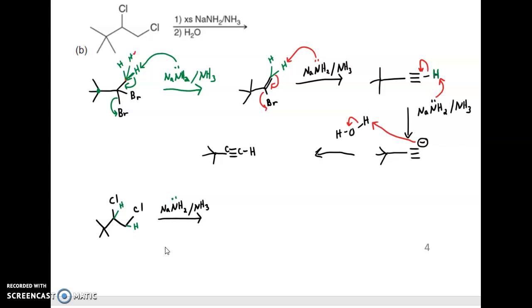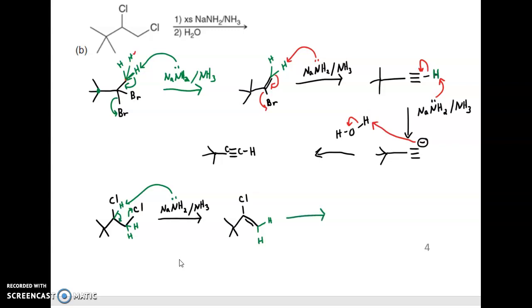Actually, two protons. And so this will first pull off this proton, and the electrons will go to make a double bond. And our chlorine will be a leaving group and will leave. That leaves us with the next structure that I've drawn.